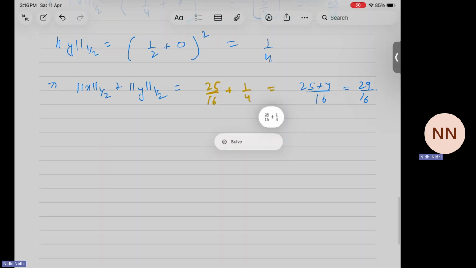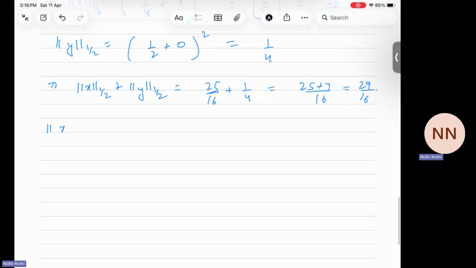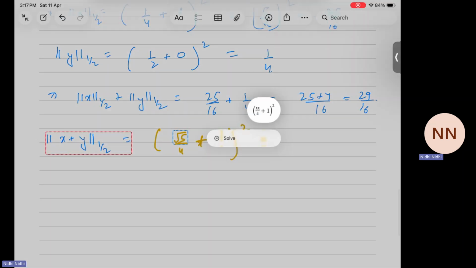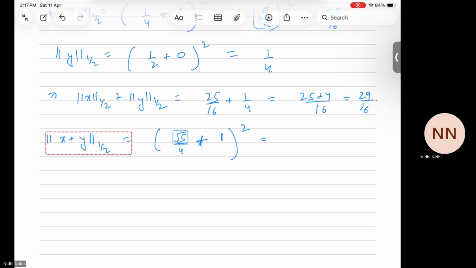And what will be the value of x plus y? Again, I should not call it norm. That will be the square root of 5/16, which is root 5 by 4, plus root of 1, whole square. So this is equal to root 5 plus 4, whole square, by 16.